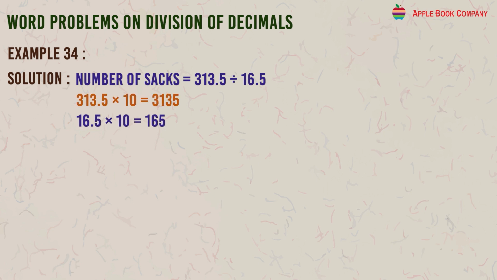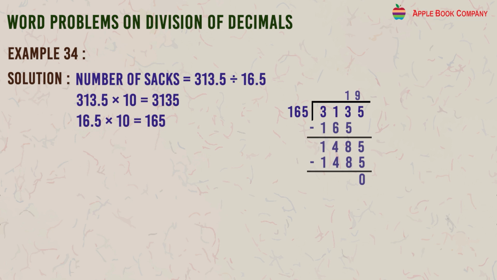So 313.5 into 10 is equal to 3135. 16.5 into 10 is equal to 165. Let us divide 3135 by 165 and we get 0 as remainder. Quotient is 19, so therefore the number of sacks is equal to 19.